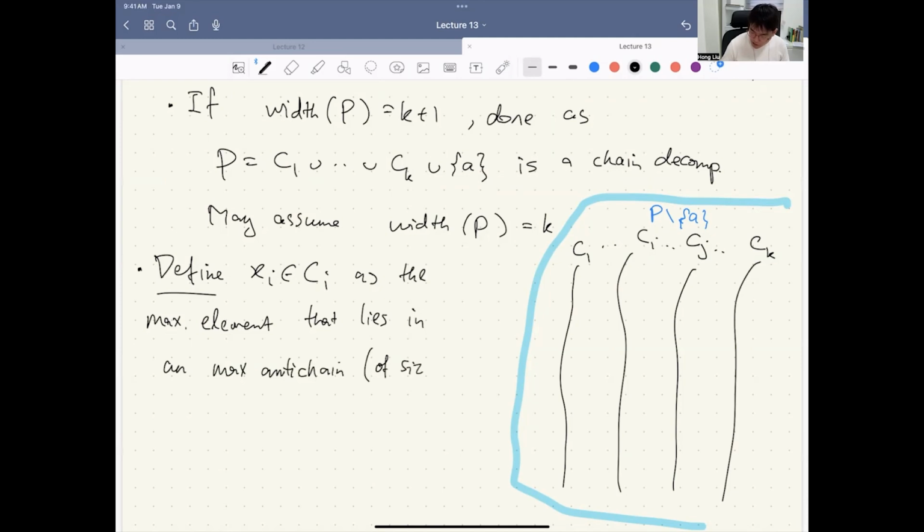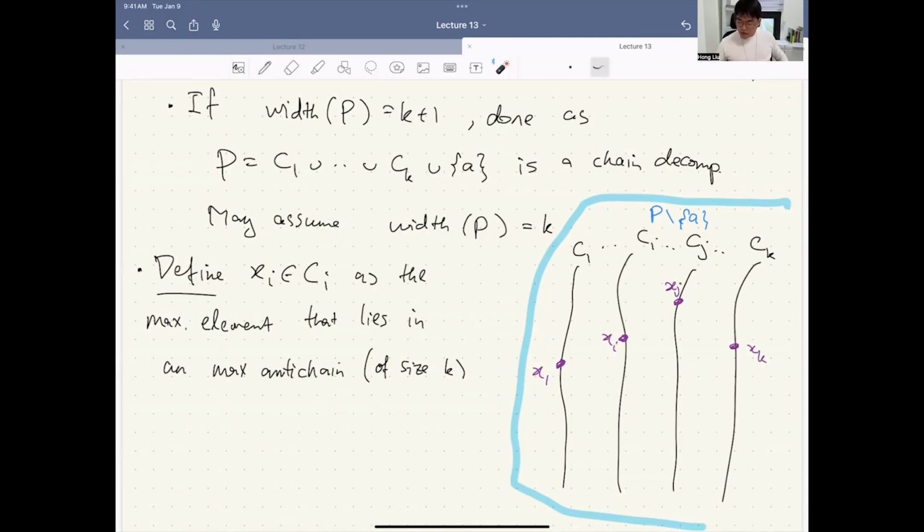Remember, anti-chains of size K. Each chain, we define x1, xi, xj, xk as the max in this chain, such that there is an anti-chain of size k going through, involving this xi.